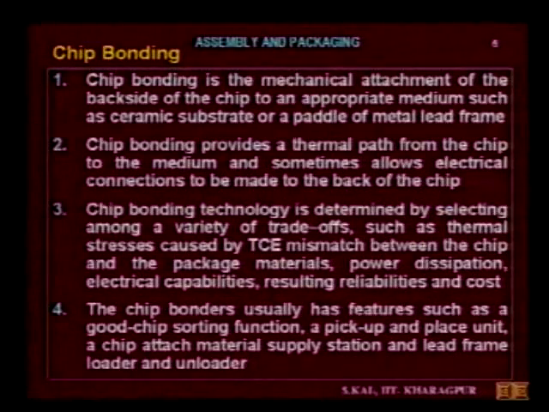That is done during wafer level probing, wafer level testing of the chips. Now the correct die is to be sorted out and placed on the substrate material where it has to be bonded. So you have to have a pickup and place unit. A chip attach material supply station, and a lead frame loader and unloader are also necessary.